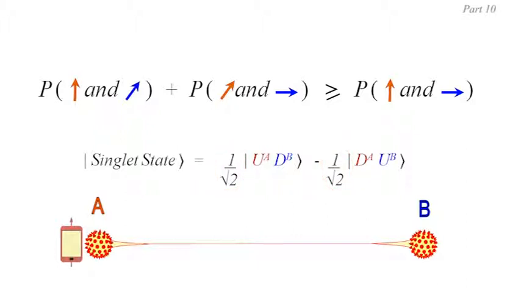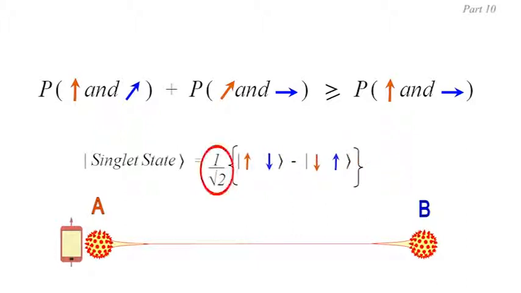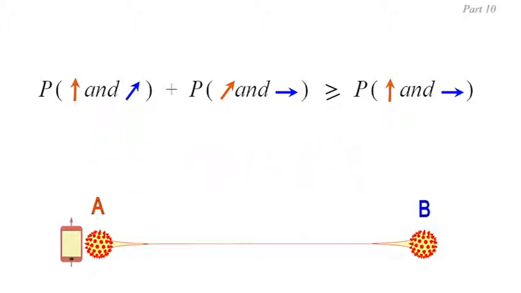This could also be shown as this, and the 1 over root 2 squared tells us that there is a 50-50 chance of getting A up and B down, or A down and B up. So we know that if we measure the z components of the spin of electron A, there is a 50% chance of finding that it is up. Looking at the Bell inequality, therefore, we can say that the probability of finding the spin of the A electron to be up is 0.5.